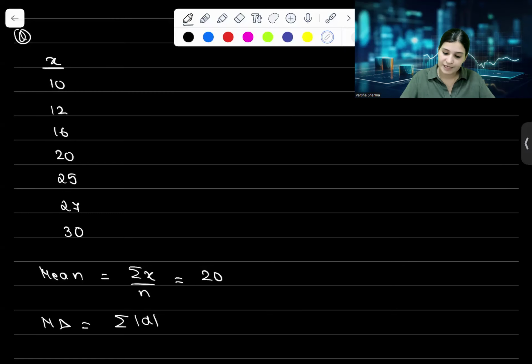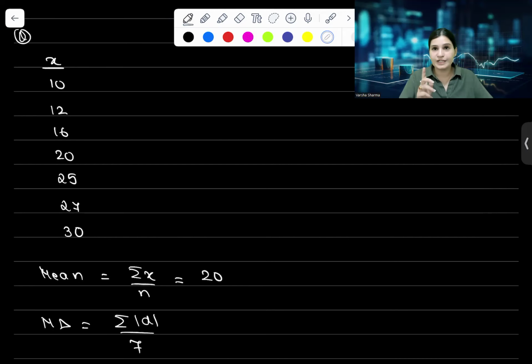Now we will calculate mean deviation. Sum of deviation by number of observations, which is 7. So how do we calculate? 10 minus 20, sign change, save. 12 minus 20, sign change, save. 16 minus 20, sign change, save. 20 minus 20, save. 25 minus 20, save. 27 minus 20, save. 30 minus 20, plus MRC, equal.